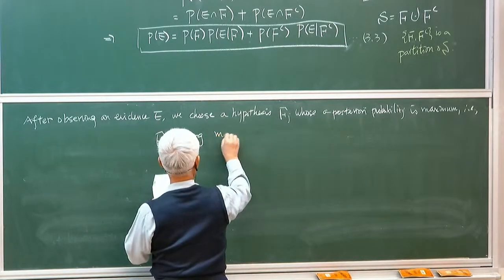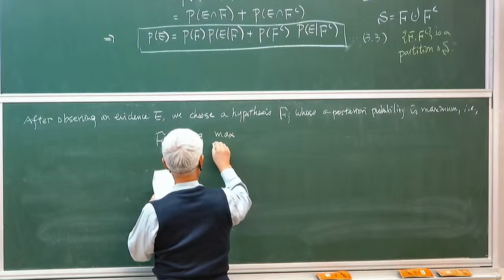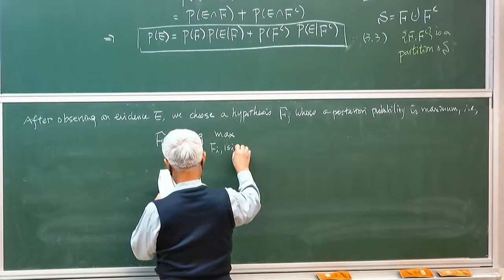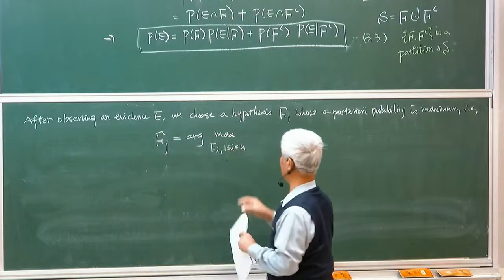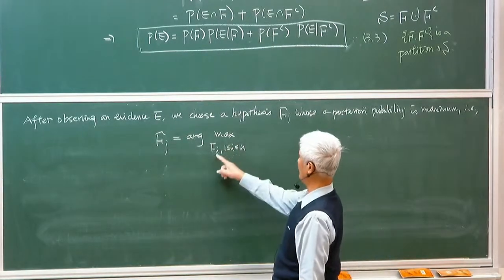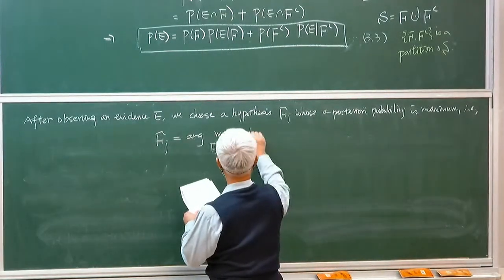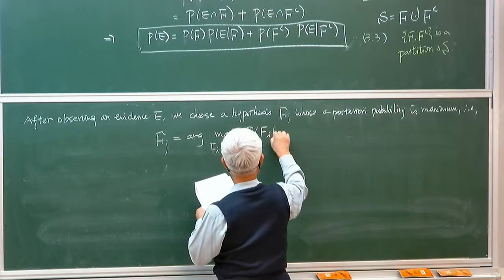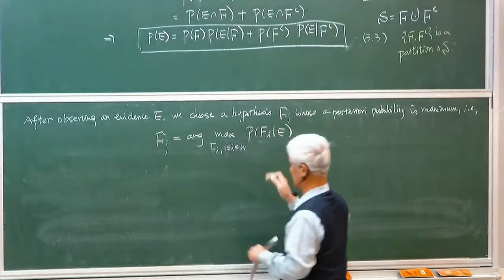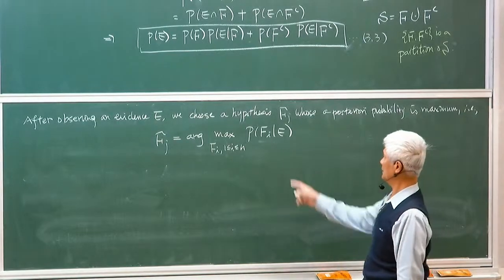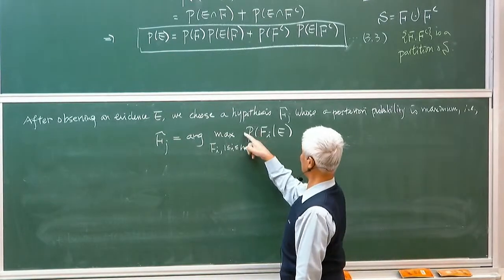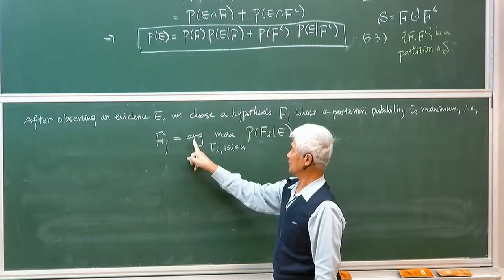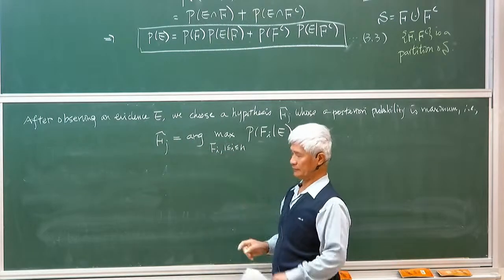We have n suspects F1, F2 up to Fn, and we find the maximum of these posterior probabilities. Once we know which suspect achieves this maximum, we take the argument here, and this is Fj.